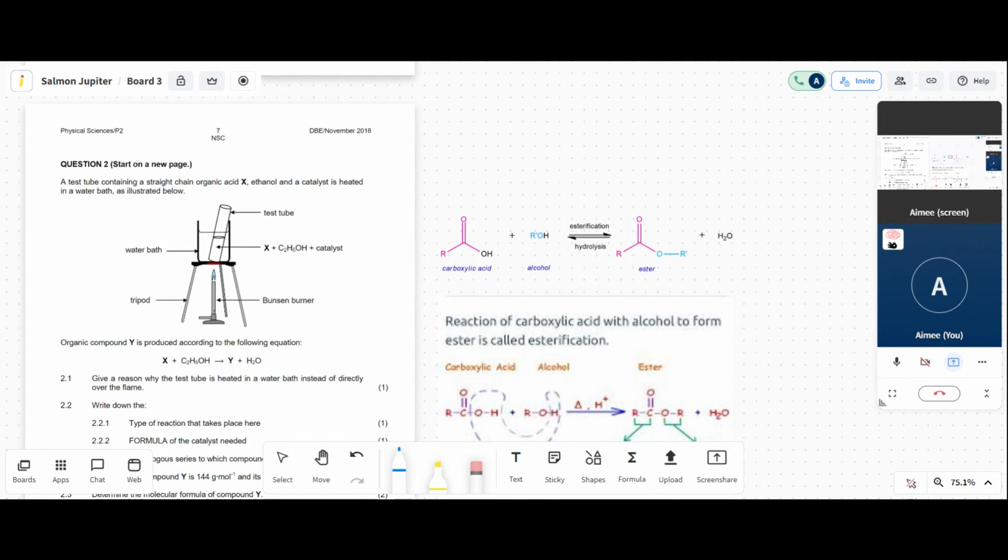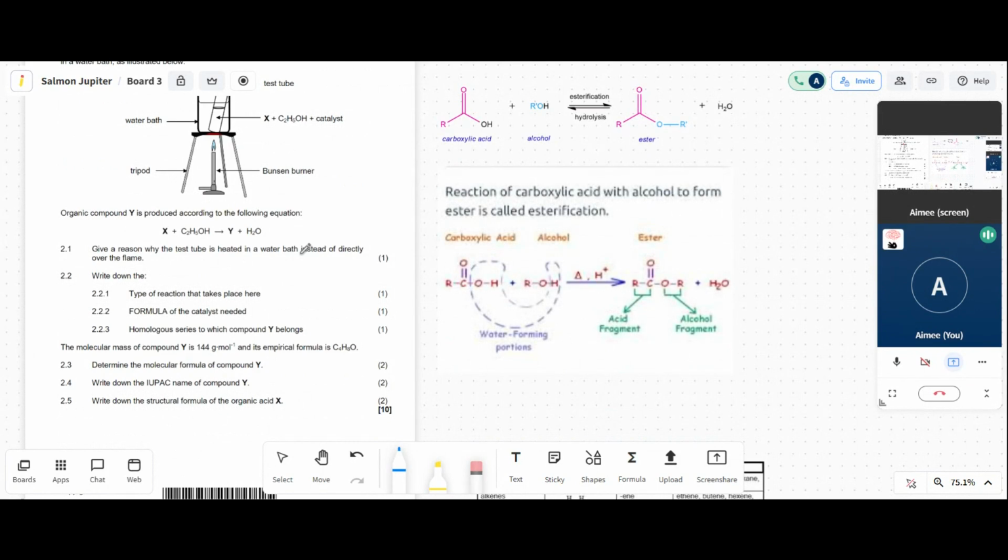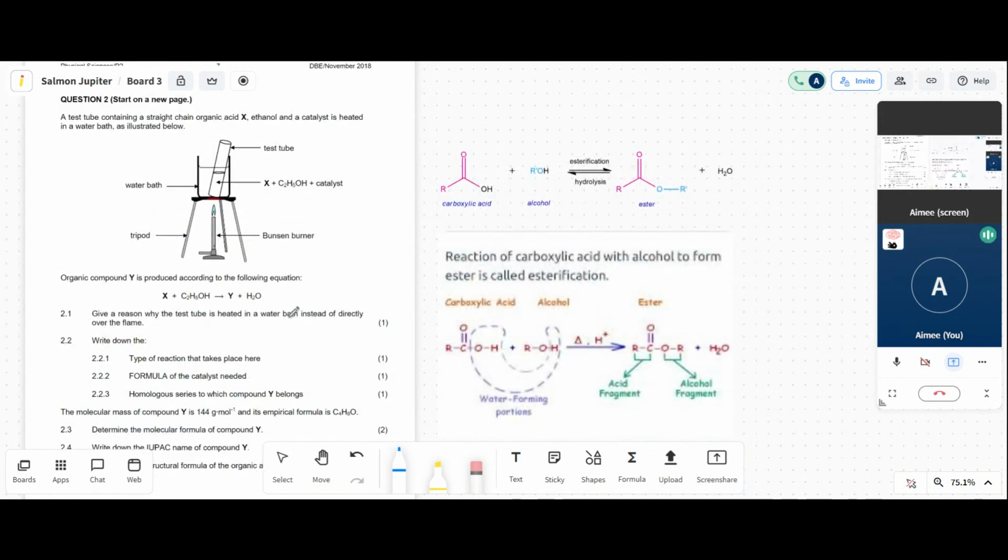Okay, cool. 2.2.1, write down the type of reaction that takes place here. If we have a look, we have compound X plus an alcohol giving us compound Y with water. You can see that a catalyst is used in the description, and that heating is required to facilitate this reaction.